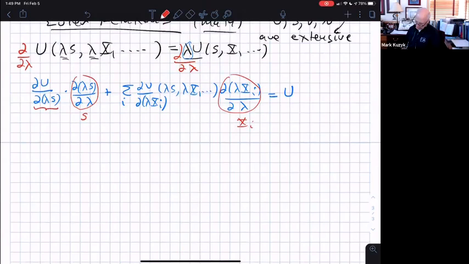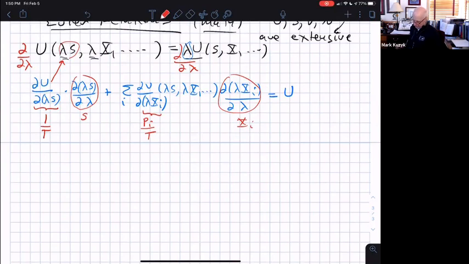This u here has lambda s as an argument. So when I take the derivative of u with respect to lambda s in here, that just gives me 1 over t. And then similarly, for these other parameters here, when I differentiate them, they're going to give me something over t. And remember, the intensive parameter associated with x that we used before, we called p.